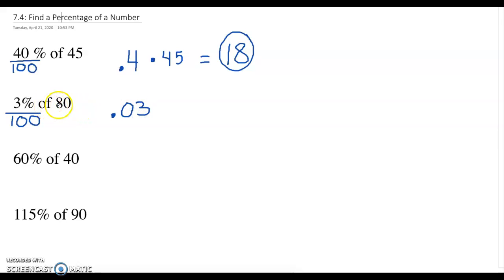Then we're going to multiply it by 80. Once we go 0.03 times 80, we should get an answer of 2.4. Make sure you carry your decimal correctly.